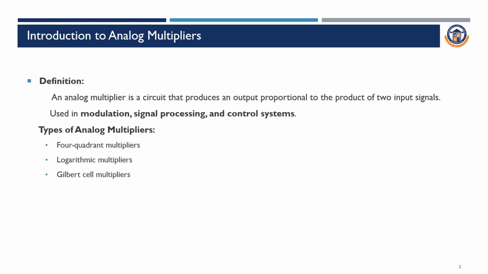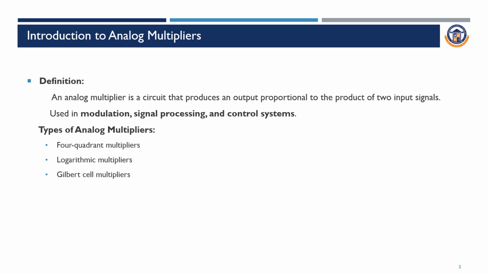Regarding 4-quadrant multipliers, we know that 1-quadrant, 2-quadrant and 4-quadrant multipliers are available. We have already seen that in a 1-quadrant multiplier, both input signals swing between 0 and positive only. In a 2-quadrant multiplier, of the two inputs, one input will swing from positive to negative, and the other swings only between 0 and positive.